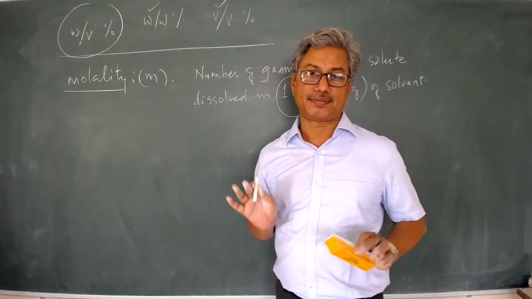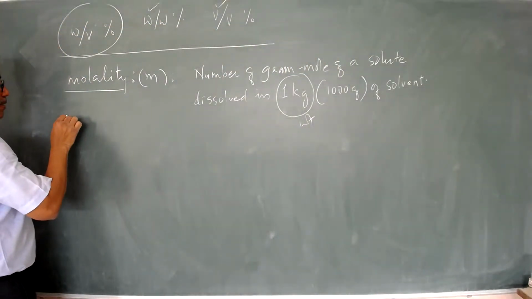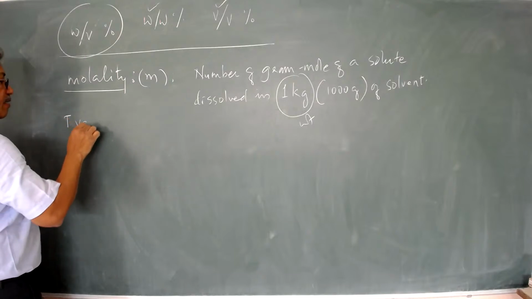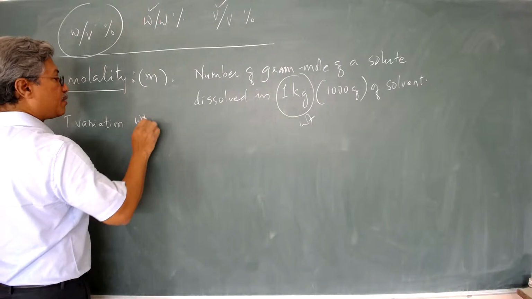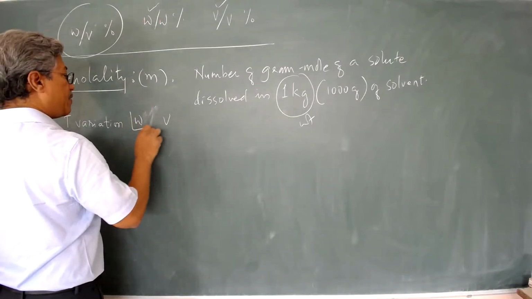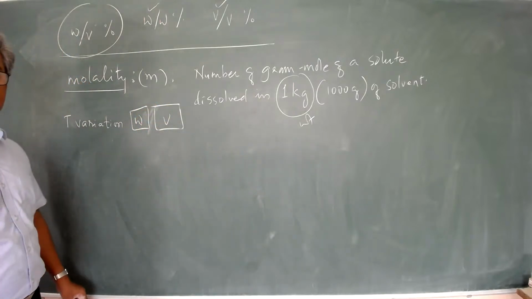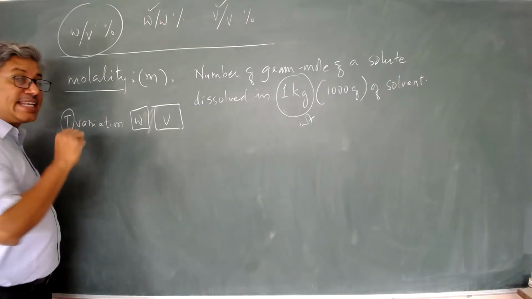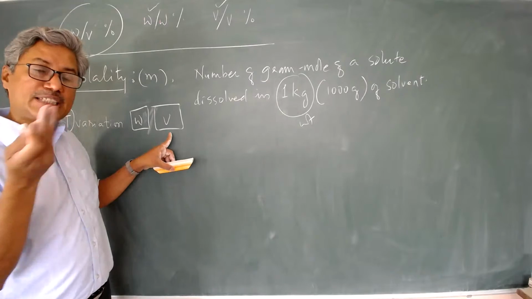This is the difference. With respect to temperature variation, does weight undergo change or does volume change? Between weight and volume, which one will change if you increase the temperature? If you increase the temperature, volume will decrease because evaporation takes place.